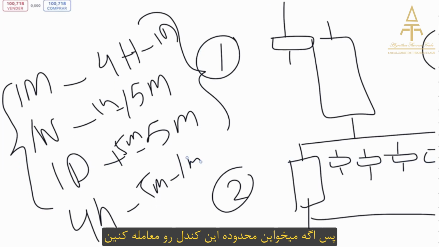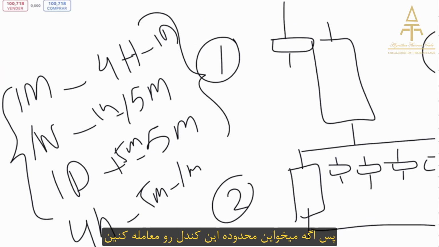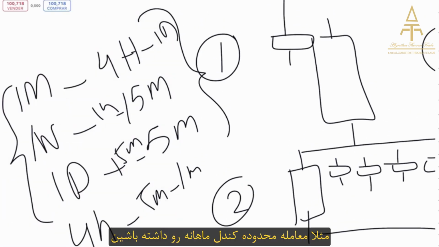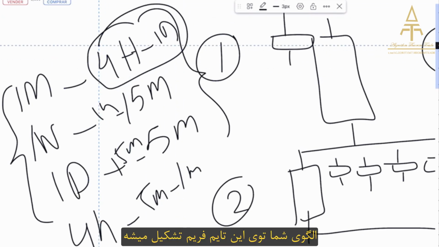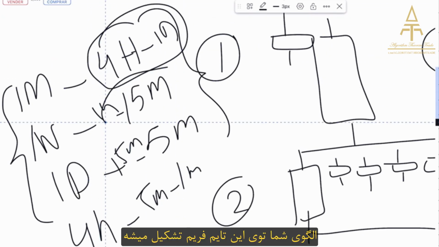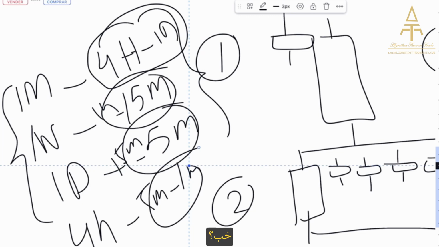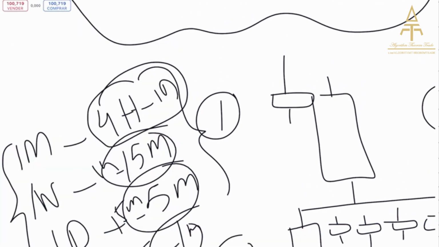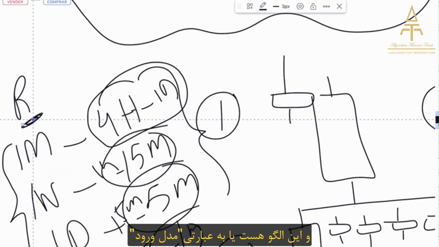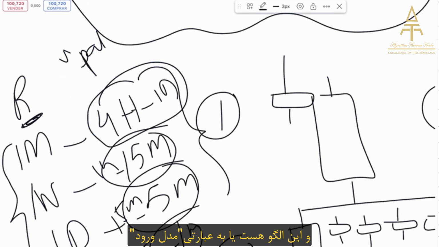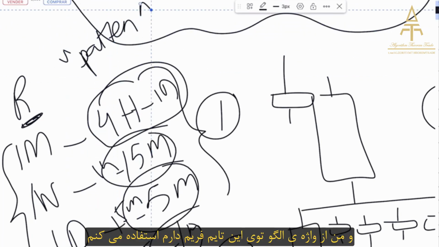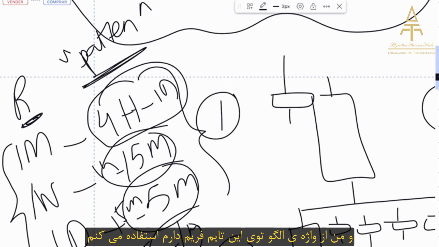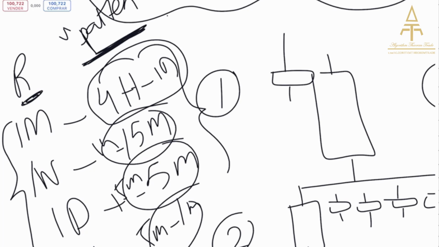So if you're trying to trade the range of the monthly candle, then pay attention to the 4 hour time frame. Your pattern is going to form in this time frame. So this is the range you're trading, and this is the pattern or entry model, quote unquote, and I say pattern lightly, on this time frame.